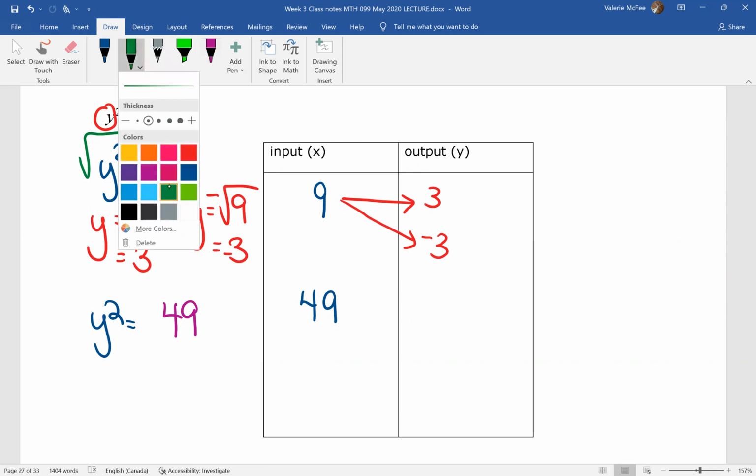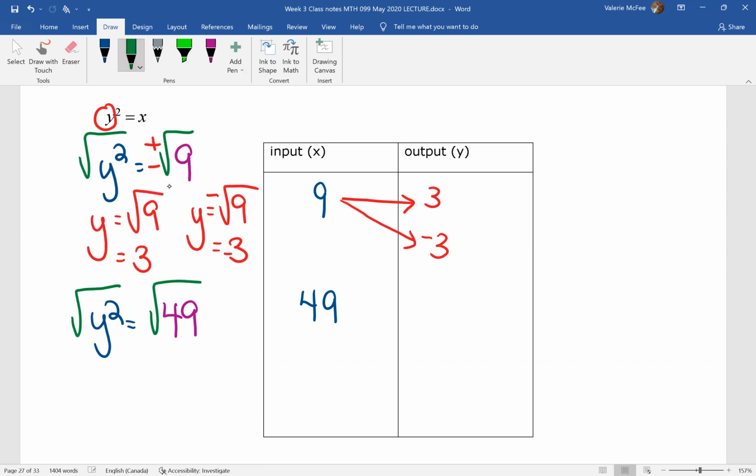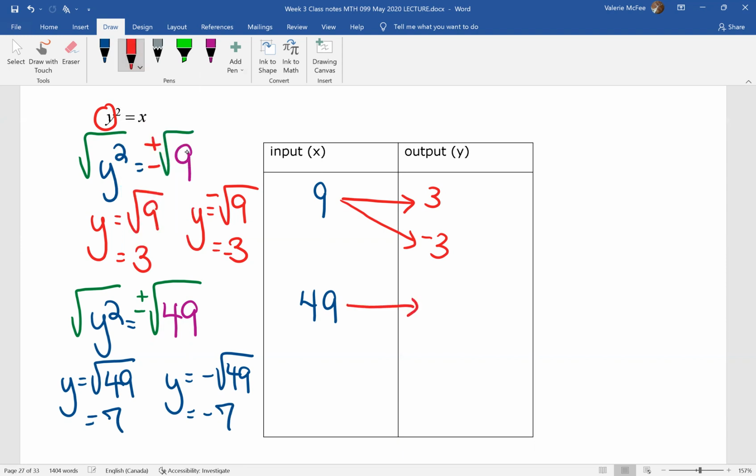What if we have an input of 49 for x? Again, when we find the square root of both sides, we see that y could equal the positive square root of 49 or the negative square root of 49. Y could be 7 or -7. Here's a little bit of a tricky one. What if our input is 3?